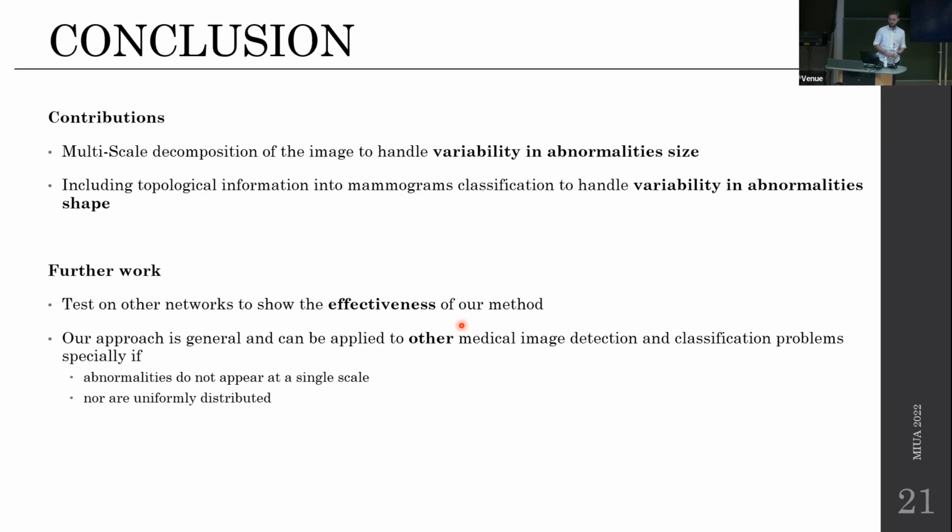And we can also export this method to other medical imaging problems, as abnormalities do not appear at a single scale nor uniformly distributed, for example in lung tumors or liver tumors.